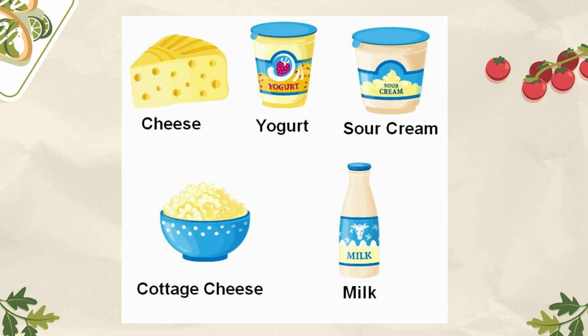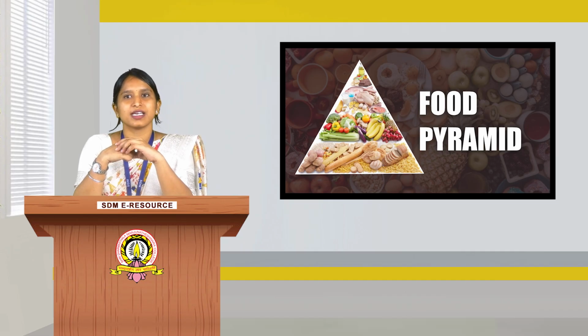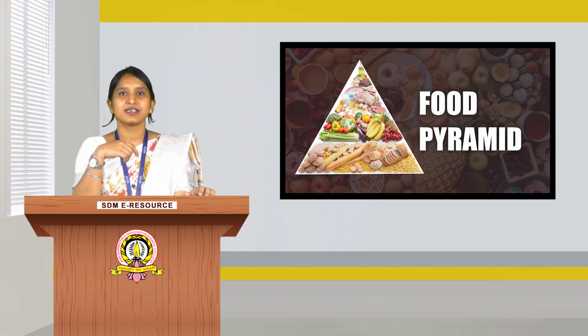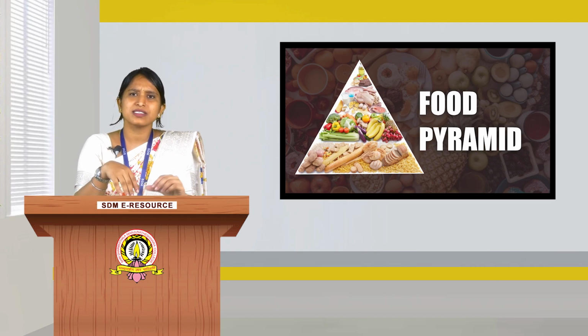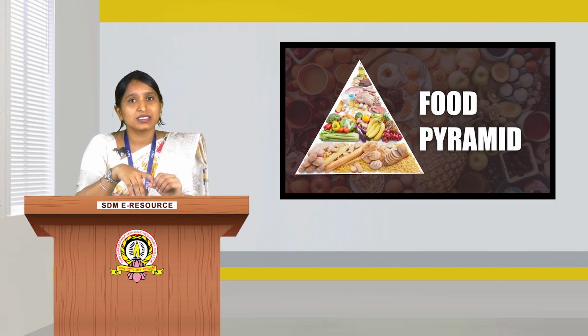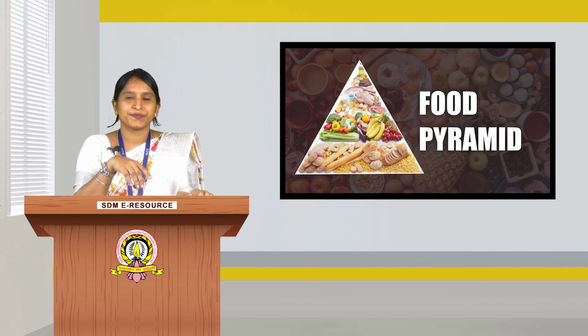The milk products are cheese, yogurt, curd, sour cream and cottage cheese. There are different types of cheese, right? And milk itself. These are some of the milk and milk products. Why do we have to consume milk and milk products? Because these are rich in calcium.